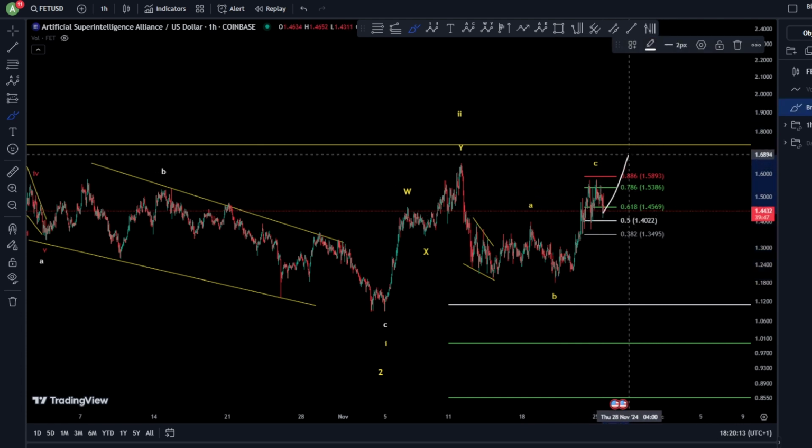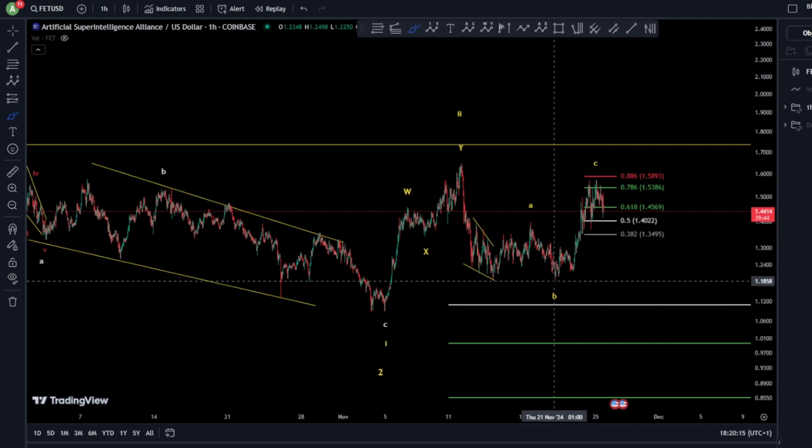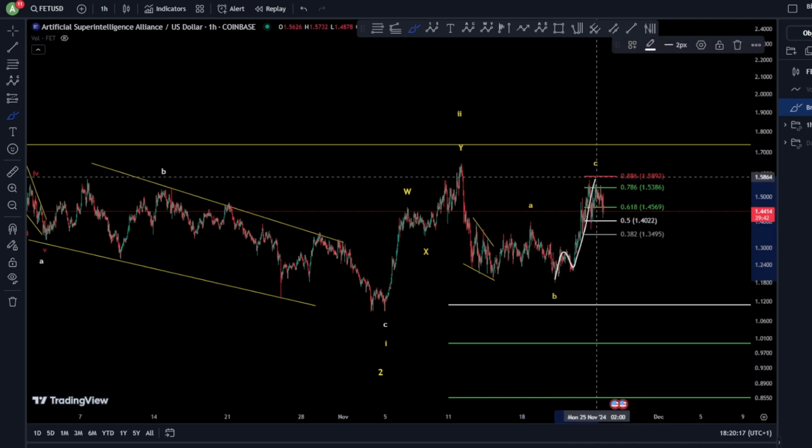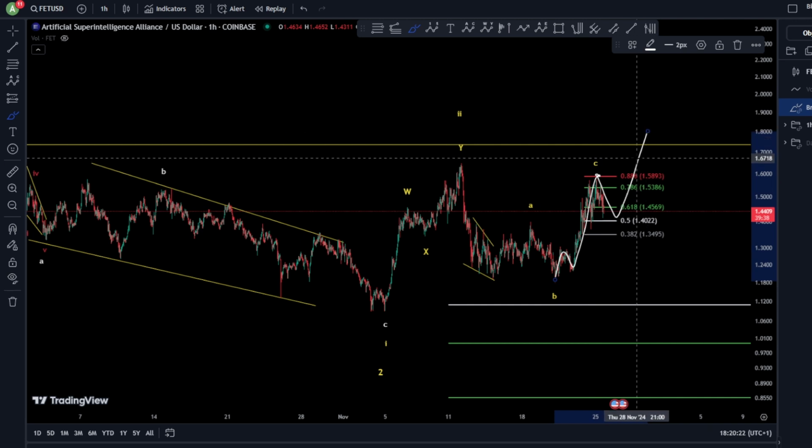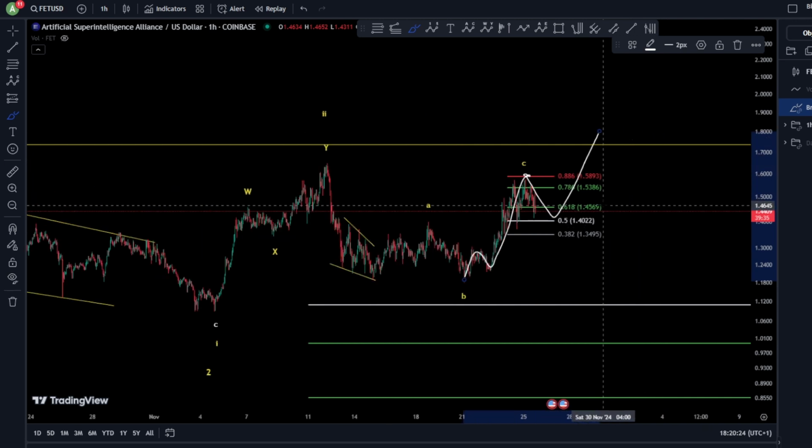Now, if we get a higher price from here, then we maybe can consider a 1, 2, 3. This can be your wave 3, and then 4 and a 5. So it can be a chance, guys.